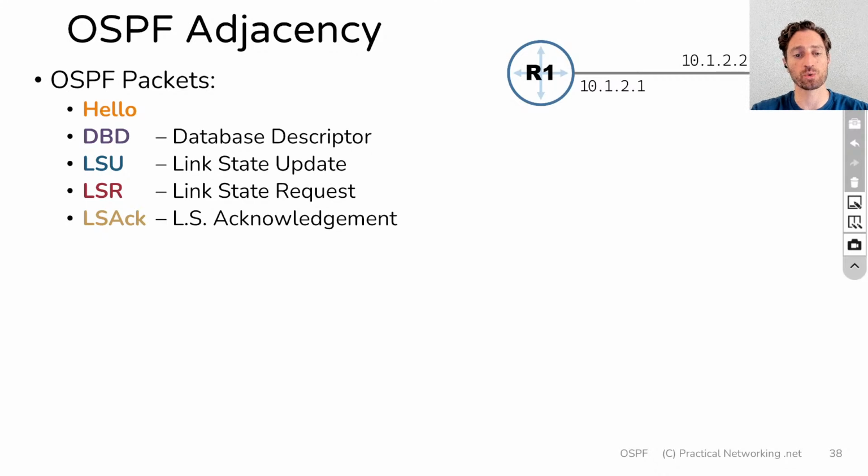In this lesson, we're going to show you exactly what sequence of events happens with these packets for an adjacency to form between router 1 and router 2. So again, if any of that is unclear, feel free to go back in this live stream, or if you're watching this after the fact, back up in the video and make sure you understand the basic premise of each of these types of packets.